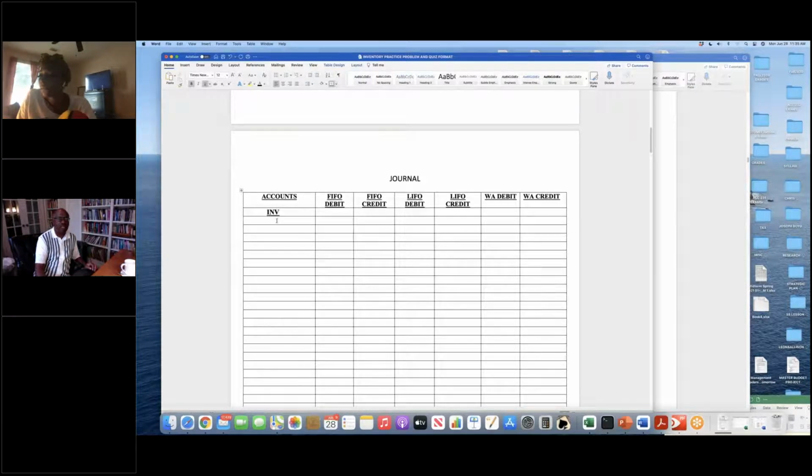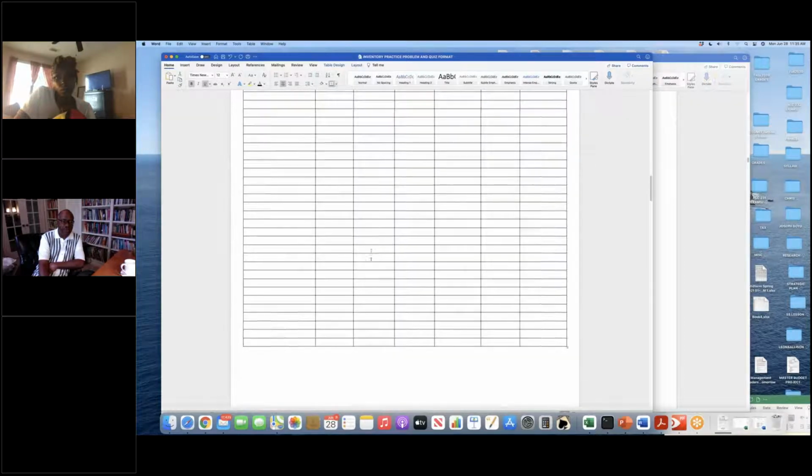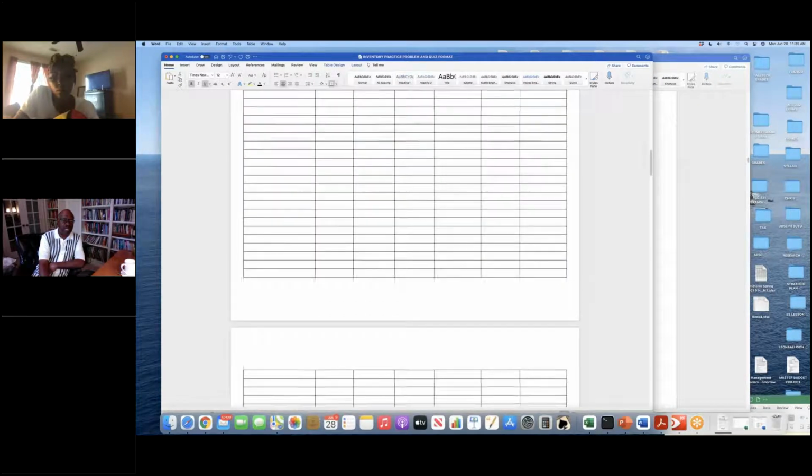We debit inventory, and we credit accounts payable. We still do that when we make the journal entry, but now we set it up to do FIFO, LIFO, and weighted average. Right now we're just concerned with FIFO debits and FIFO credits. What else do we have? Lots of space for journal entries to be made.